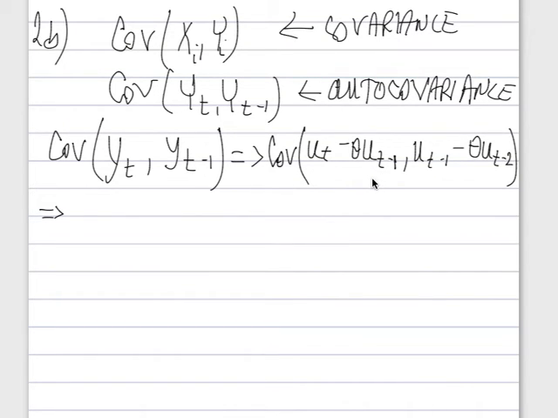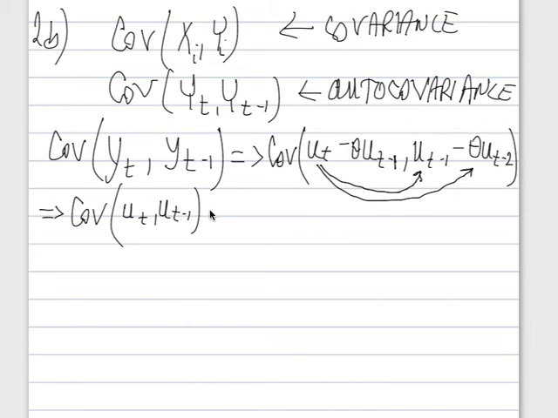Okay. So this would be covariance of this ut with ut minus 1. Then the ut with this ut minus 2, so minus theta covariance of ut and ut minus 2.